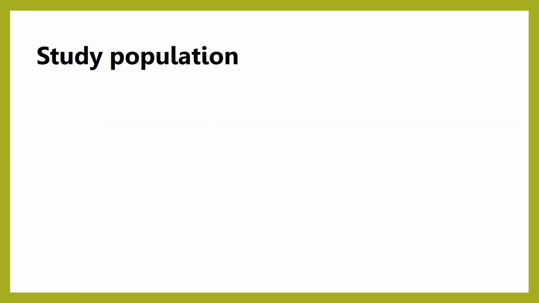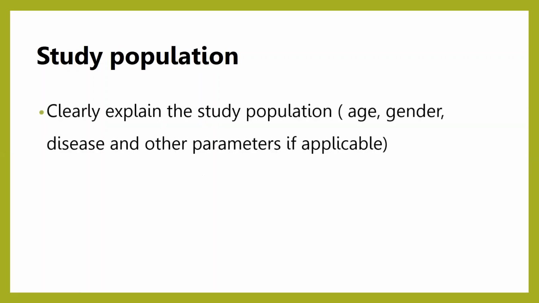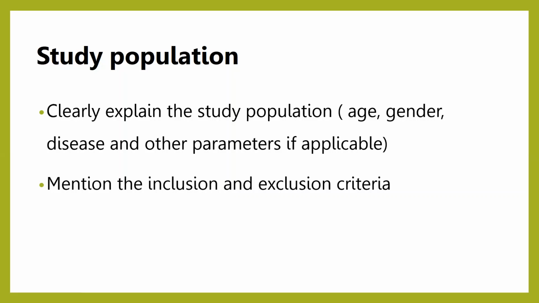This is very important. You have to define the study population and clearly explain it. This is also the place where you mention your inclusion and exclusion criteria. You include or exclude patients on the basis of an age bracket. You might want to do research in children, so you describe what kind of children you are going to recruit: less than 18 years of age, or less than 16, or less than 12.